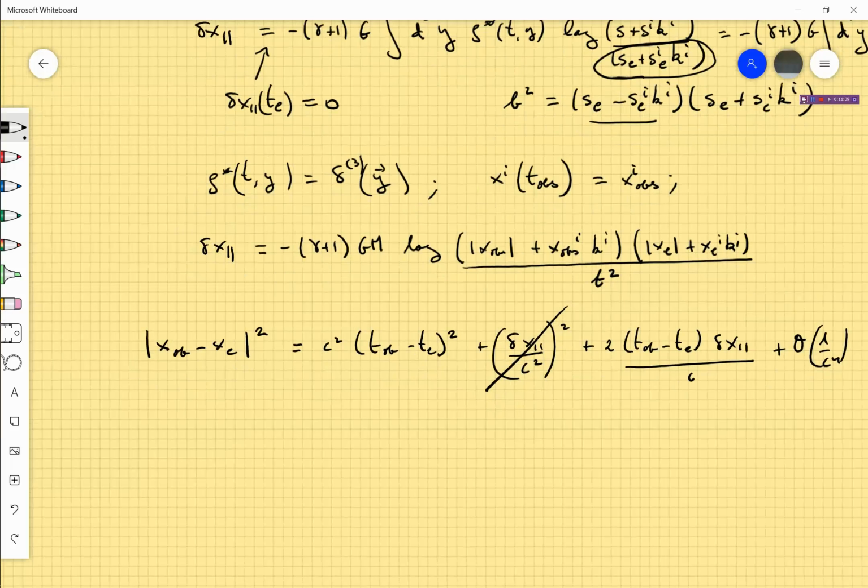And we are interested in the delay, so this is a difference in time.